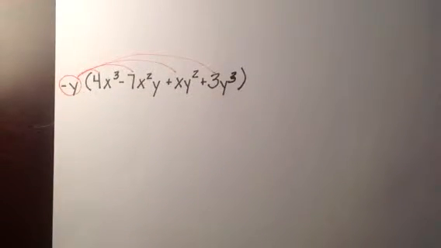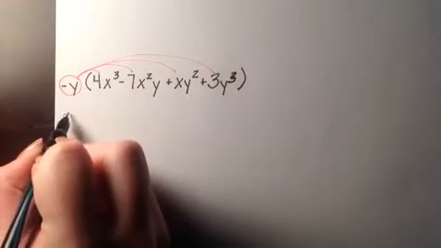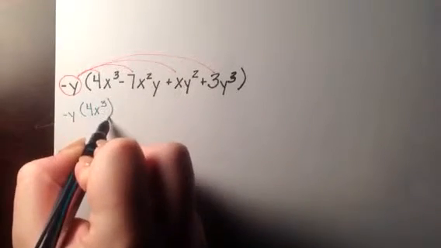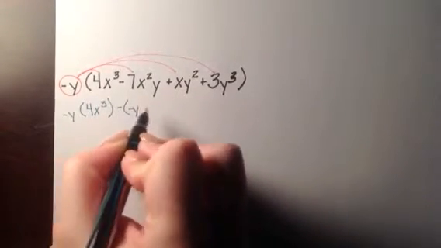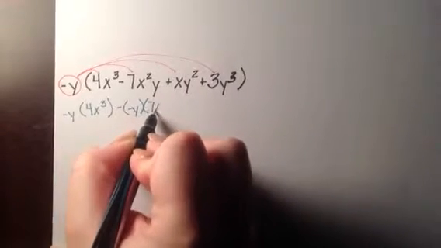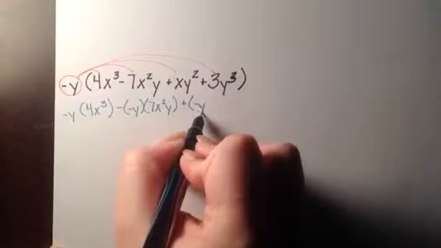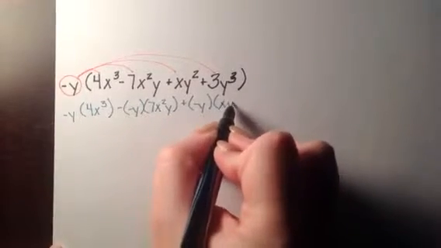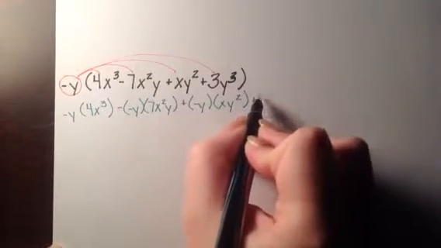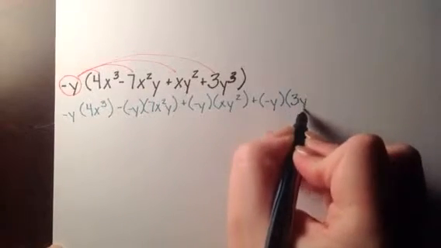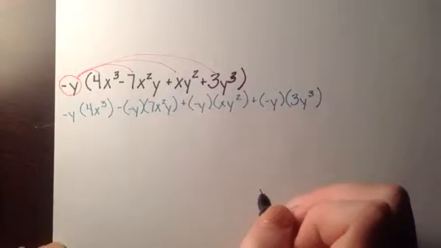So when I rewrite this, I'm going to get negative y times 4x cubed minus negative y times 7x squared y plus negative y times xy squared plus negative y times 3y cubed.